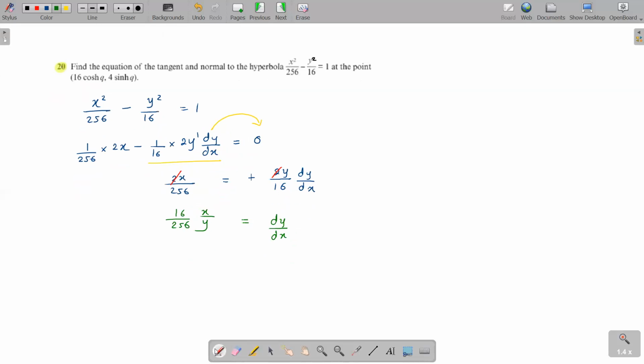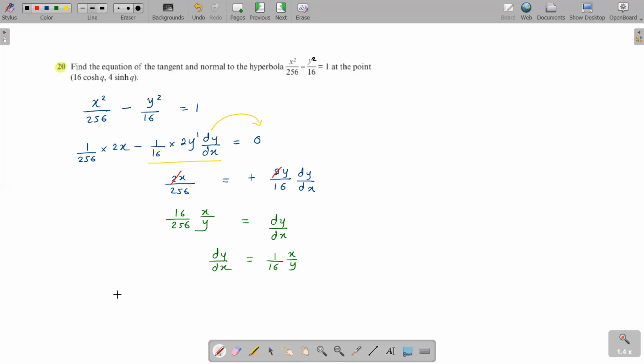I need to get the gradient of the tangent at that particular point, so gradient of tangent is dy by dx. We can simplify 16 over 256, which is 1 over 16. So dy by dx is 1 over 16 times x over y.